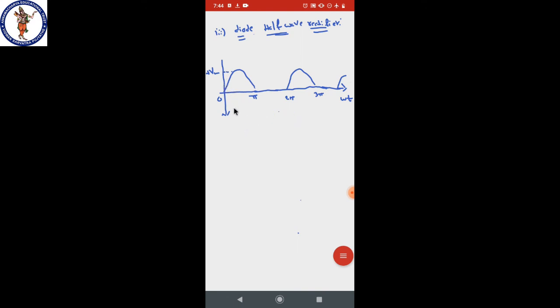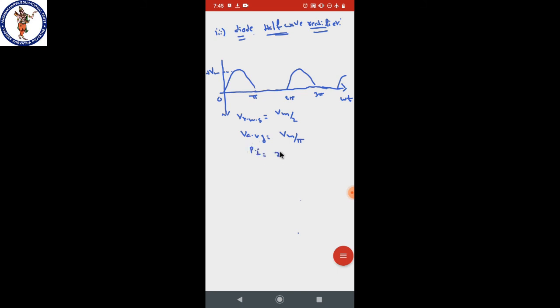Does anyone have an idea for the average values and RMS values? Now I will write Vrms for the half wave rectifier equal to Vm by 2. This is very important. V average equal to Vm by pi.